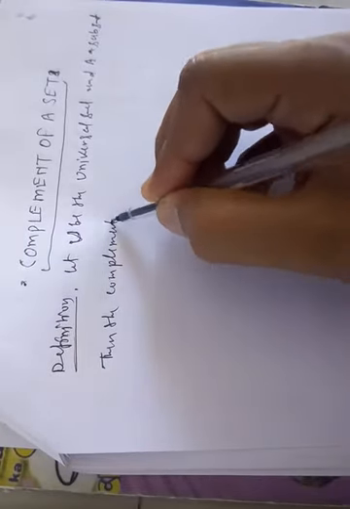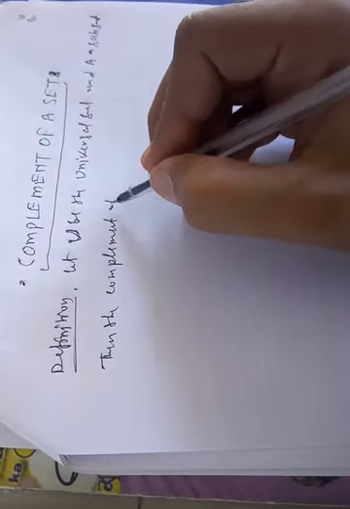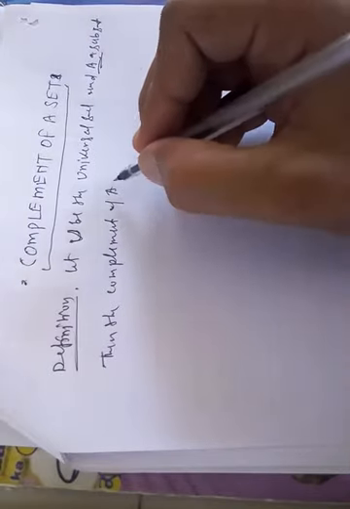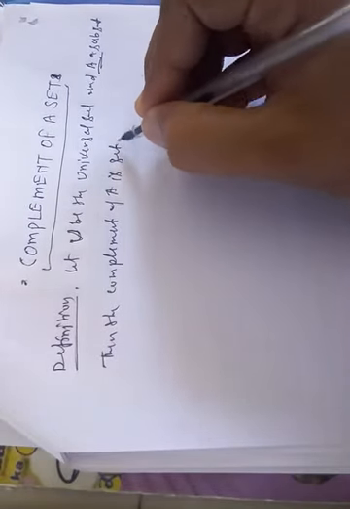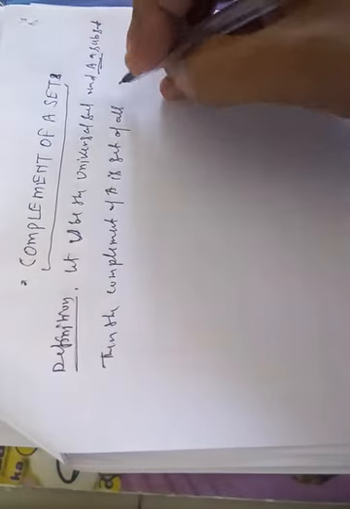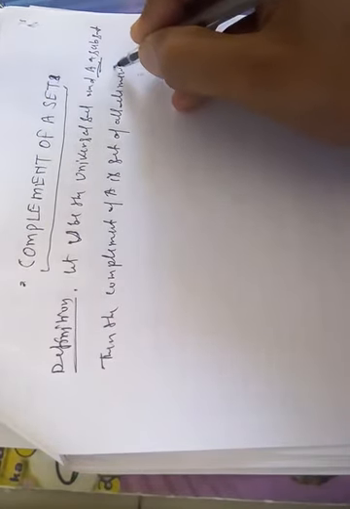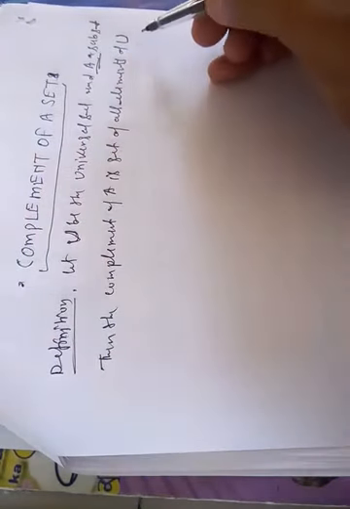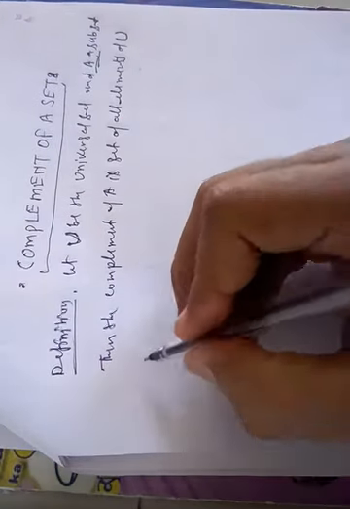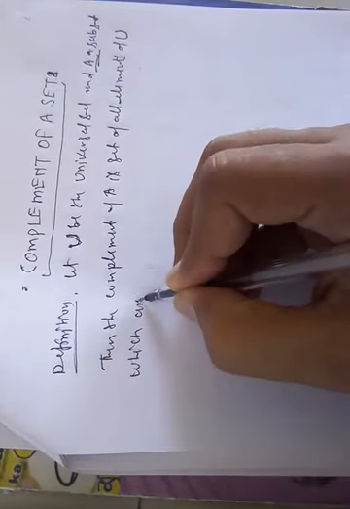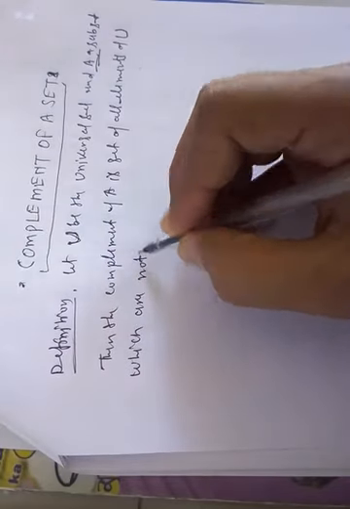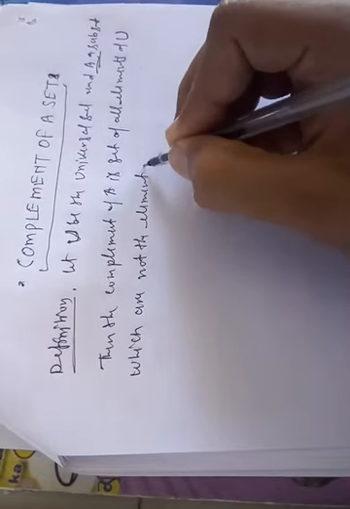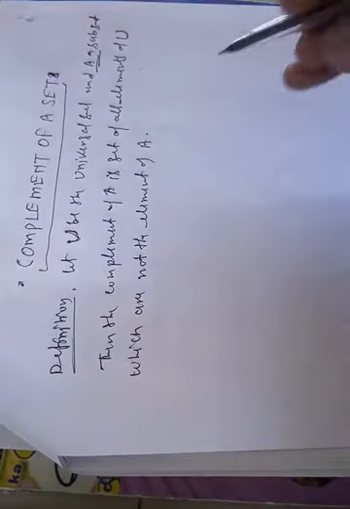Then the complement of A is the set of all elements of U which are not elements of A. Clear?